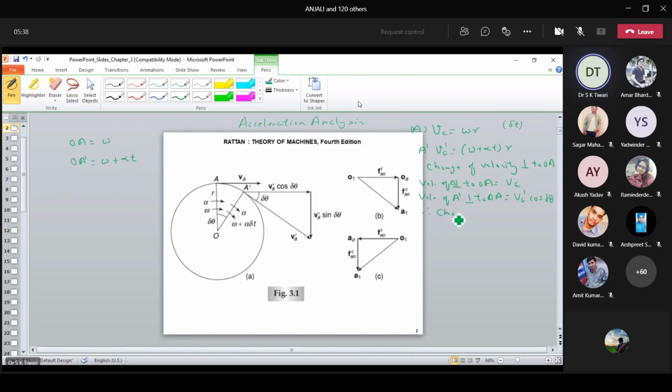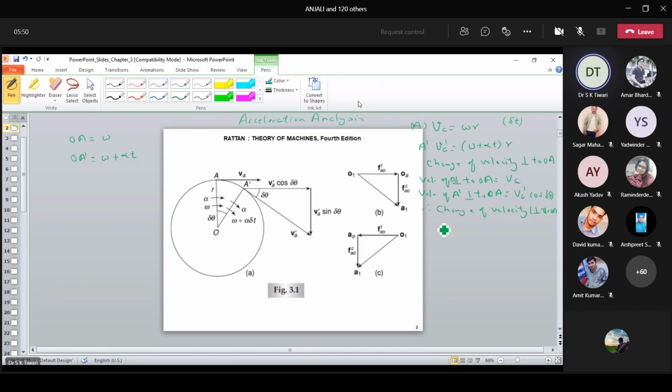Therefore, change of velocity, of course perpendicular to OA, is equivalent to this minus this. That will be it, right? VA dash cos of delta theta minus VA.